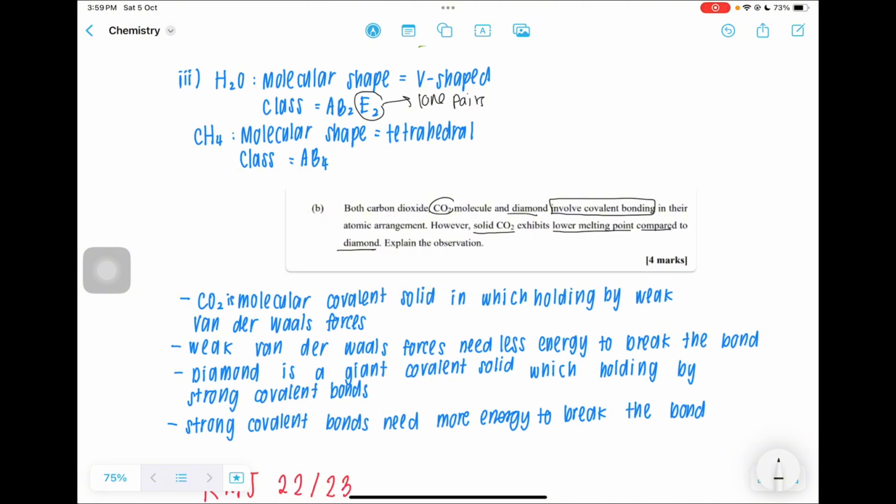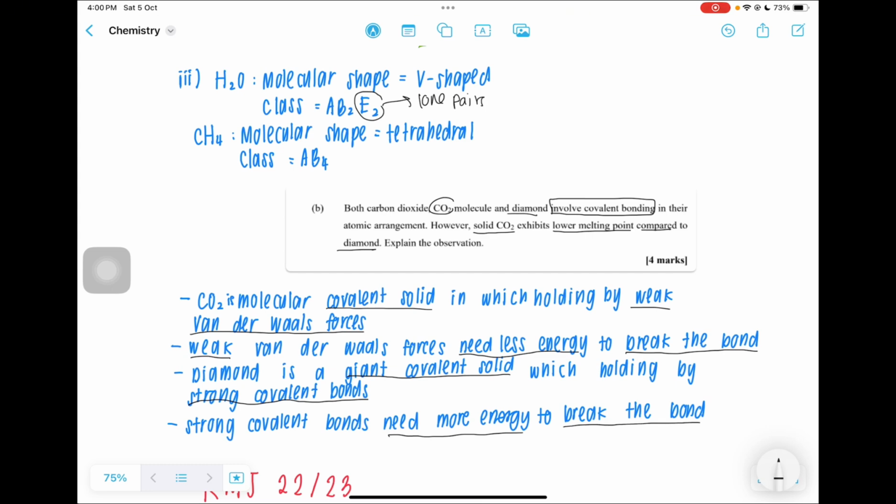here is the answer. CO2 is a molecular covalent solid which is held by weak van der Waals forces. And weak van der Waals forces need less energy to break the bond. And diamond is a giant covalent solid which is held by strong covalent bonds. So strong covalent bonds need more energy to break the bond.